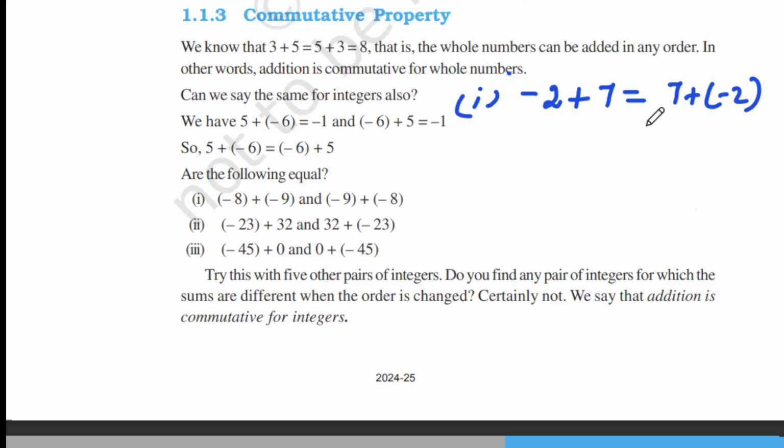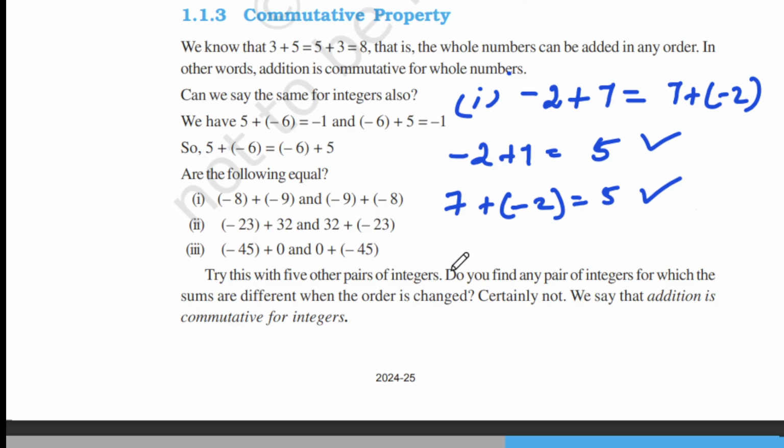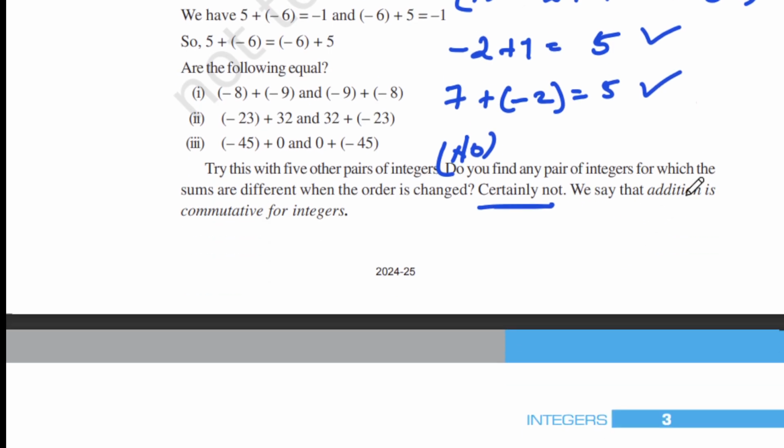Are these the same? Let's check. Minus 2 plus 7 is equal to 5, and 7 plus minus 2 is also equal to 5. Yes, both are the same. Did you find any pair of integers whose sums are different when the order is changed? No, we did not find any. Yes, we say that addition is commutative for integers.